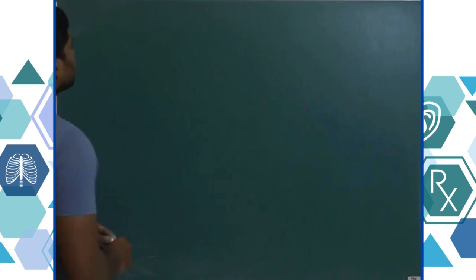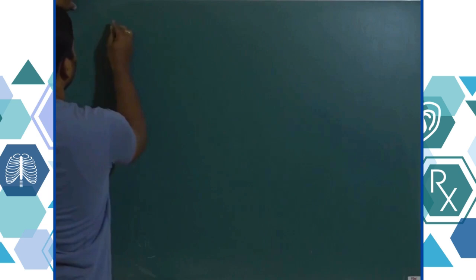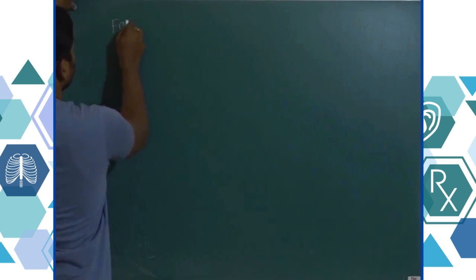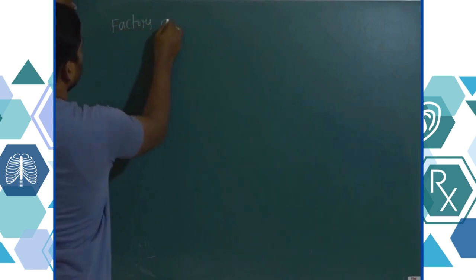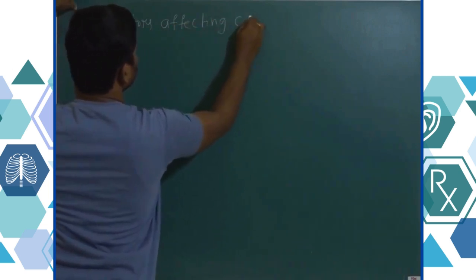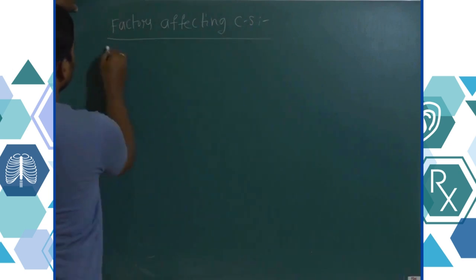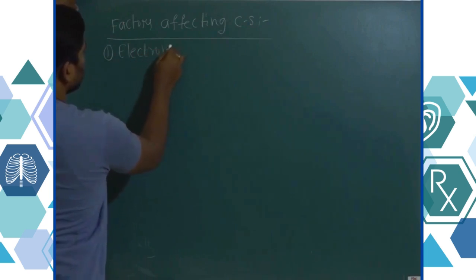Next, factors affecting chemical shift. The first one is electronegativity, which we already discussed yesterday.